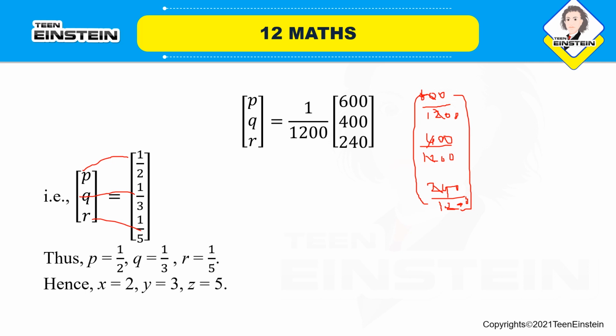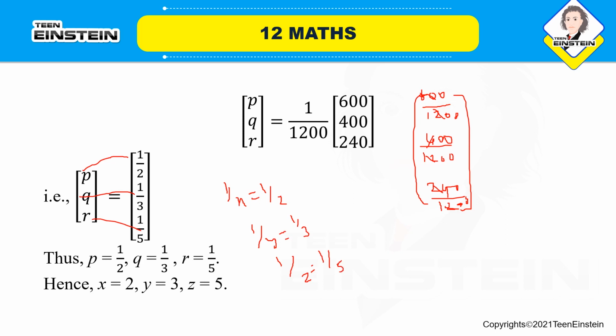But we need X, Y, Z, right? Because the equations are given in terms of X, Y, Z. What is P? P is 1 by X. So 1 by X equal to 1 by 2. What is Q? 1 by Y. So 1 by Y equal to 1 by 3. What is R? R is 1 by Z. So 1 by Z equal to 1 by 5.